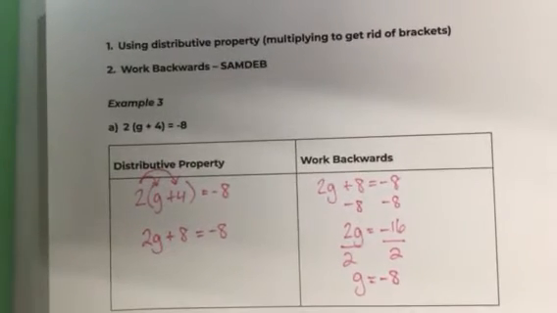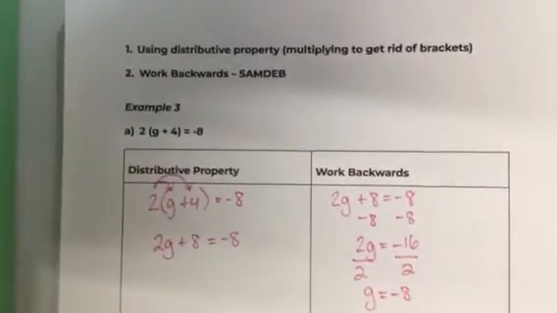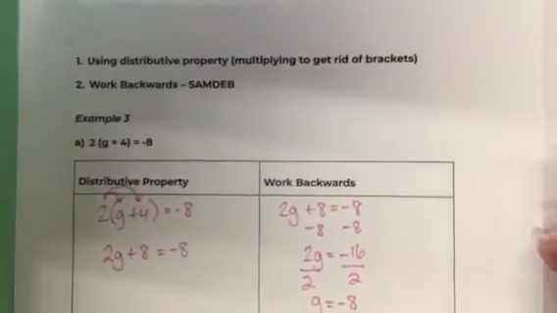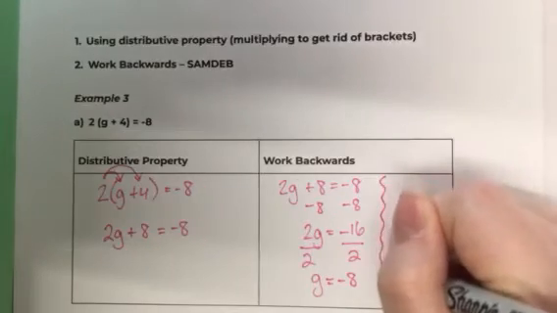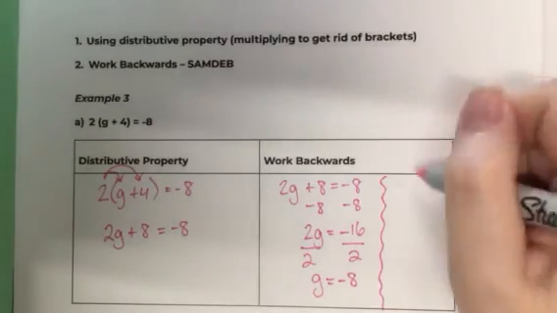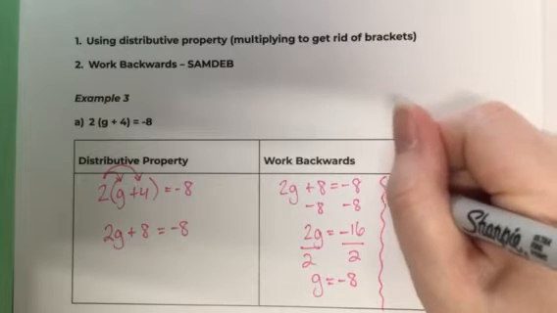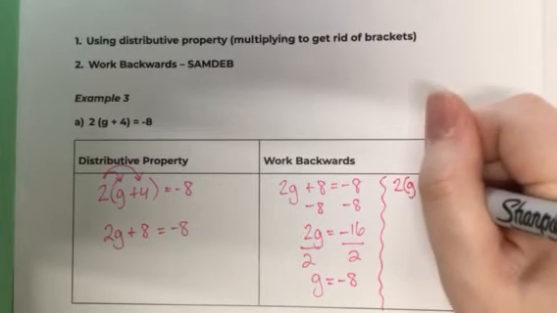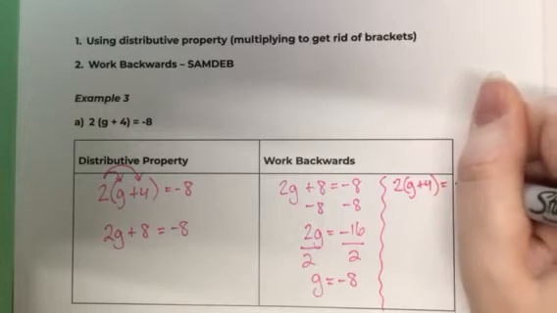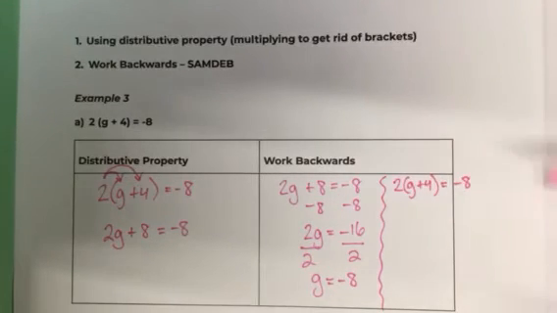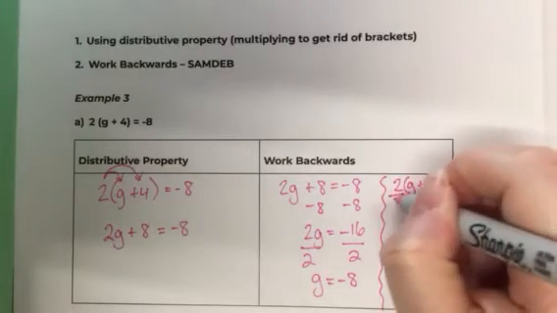Now, I did say that there were 2 ways to do this, so I'm just going to quickly show you another method because knowledge is power. Your other method is if you start with your 2 bracketed g plus 4 equals negative 8, your very first step could be to divide both sides by this 2 out front.